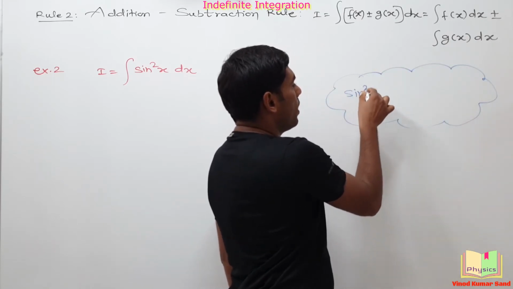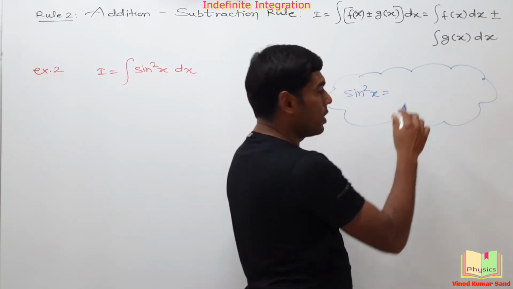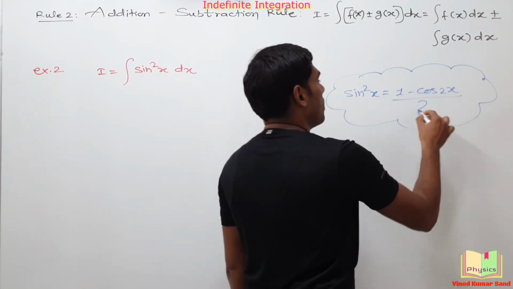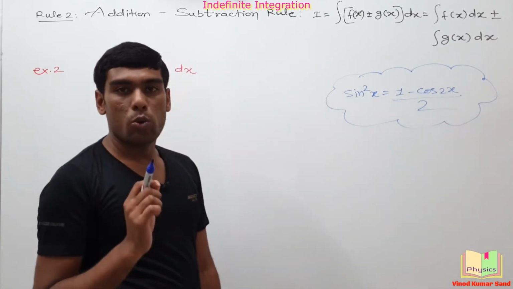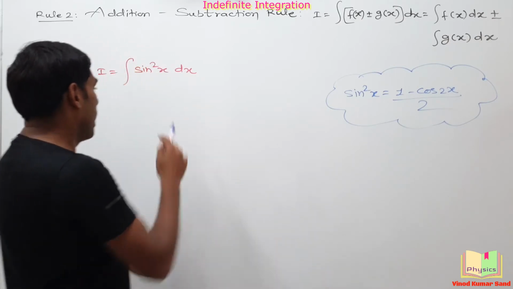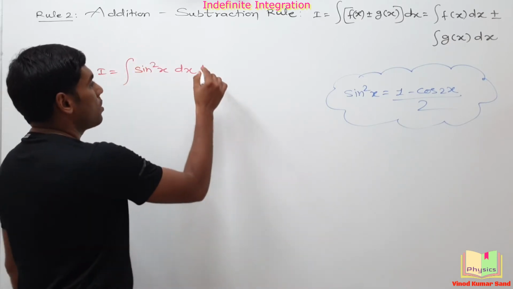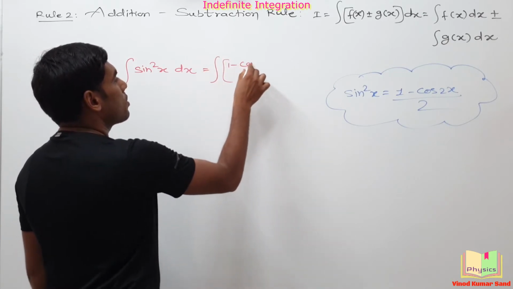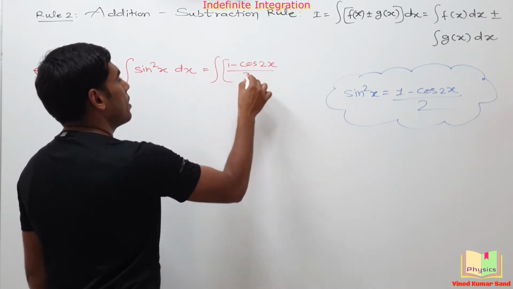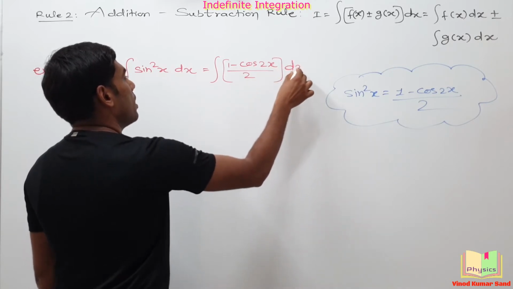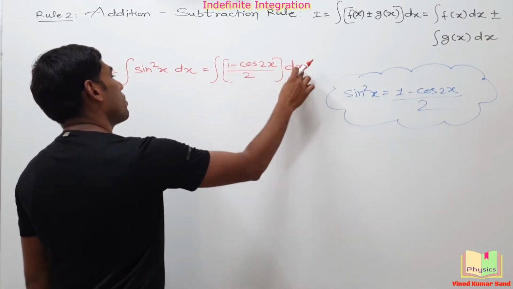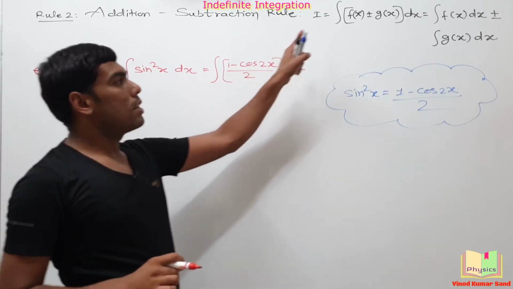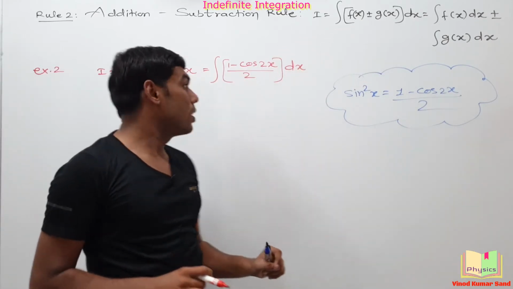The sine square x from trigonometry can be written as 1 minus cos 2x divided by 2. Do you remember? I'm doing the replacement, so this question will actually look like 1 minus cos 2x divided by 2, and you have to integrate it with respect to the variable x. Now we can easily use the addition subtraction rule.